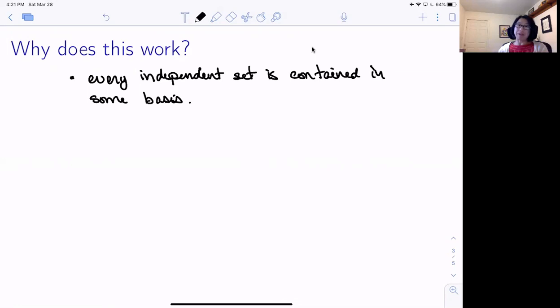We know every independent set is contained in a basis, and we know we have finitely many elements to test, so it has to stop, because we can't go on forever, and eventually we will get an independent set that has size R. So it eventually stops.